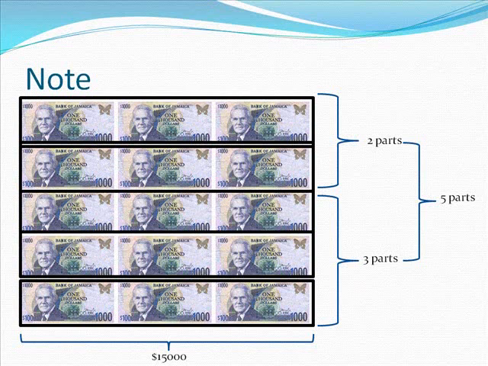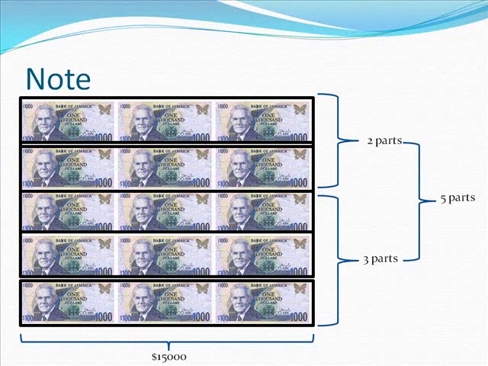The answer would be 2 persons, right? So one person took 2 parts and the other person took 3 parts. So the total number of parts in which the $15,000 was divided was in fact 5 parts, while one person took 2 parts and the other took 3 parts.